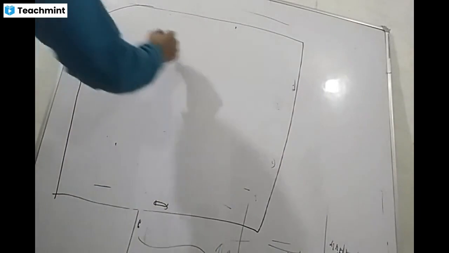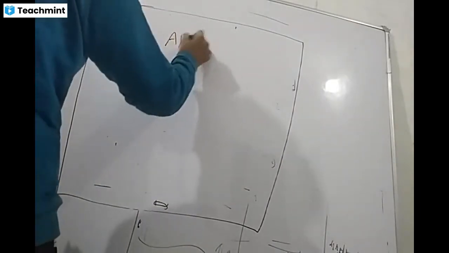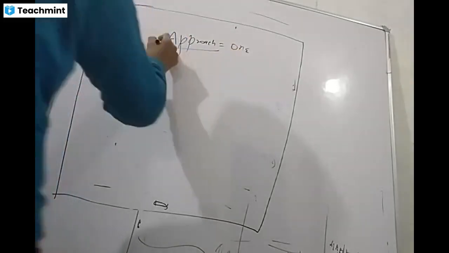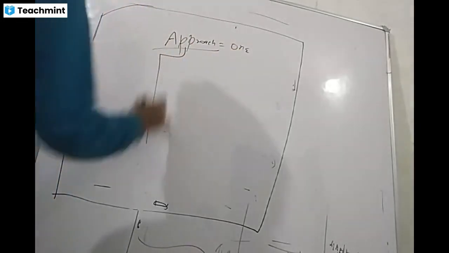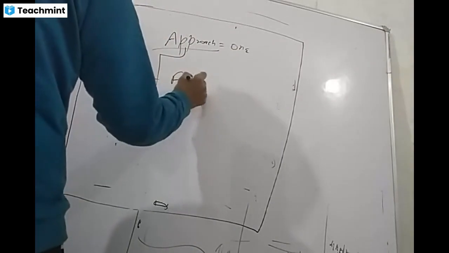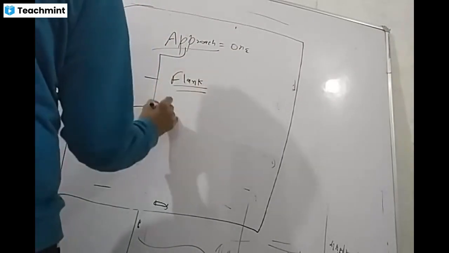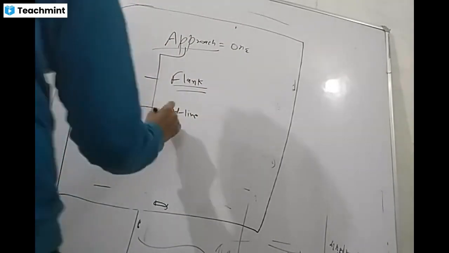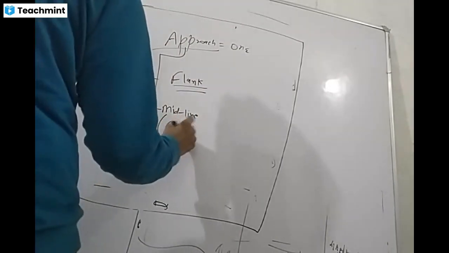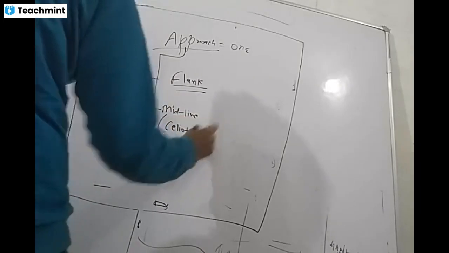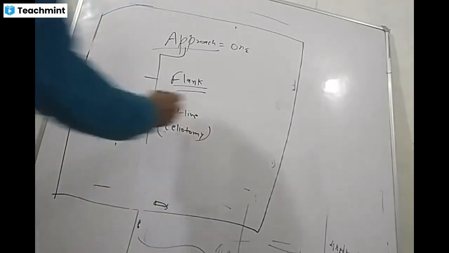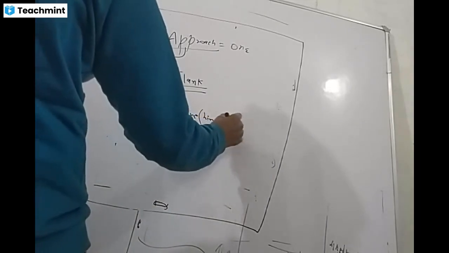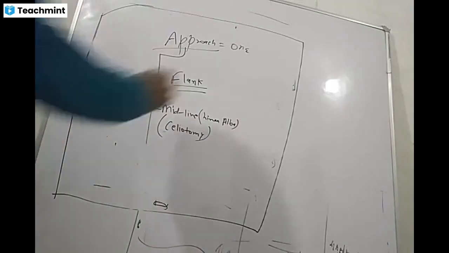Next is how to approach for your OHE. There are two approaches. One is flank and one is midline. This midline approach is nothing but the midline celiotomy, that is through the linea alba.